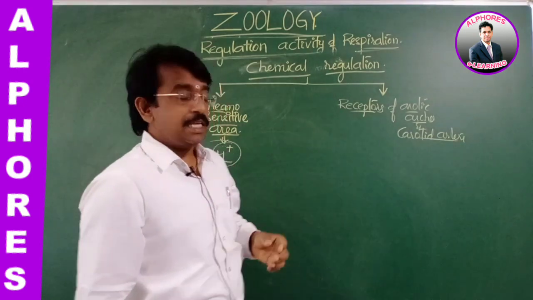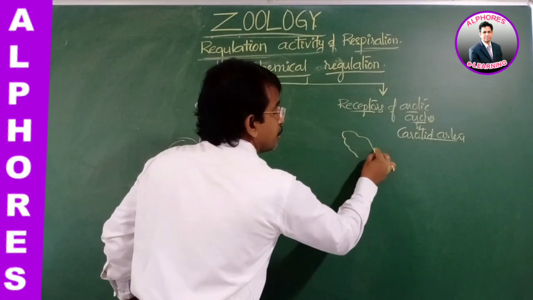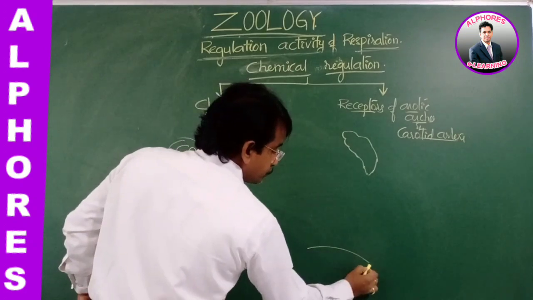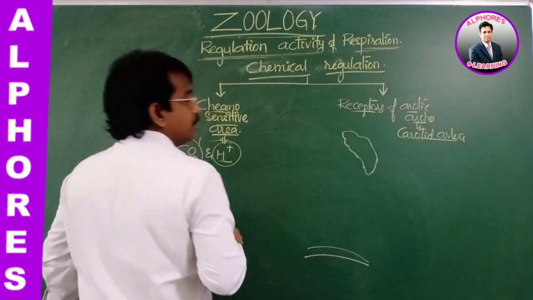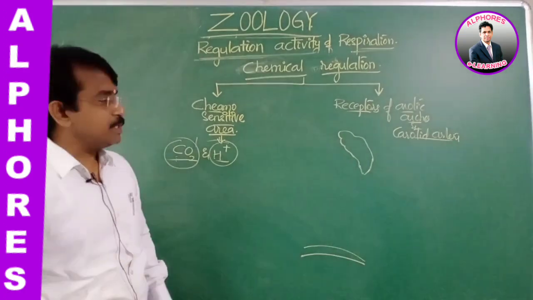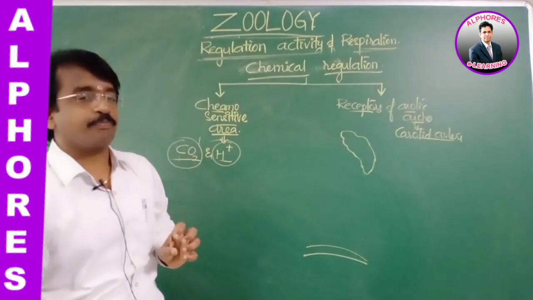The other one, look at the diagram here, shows the aortic arches, which are blood vessels. The carotid artery and aortic arch are blood vessels.